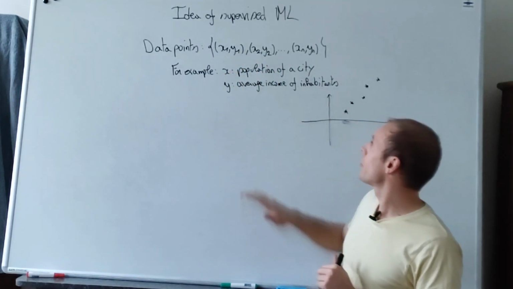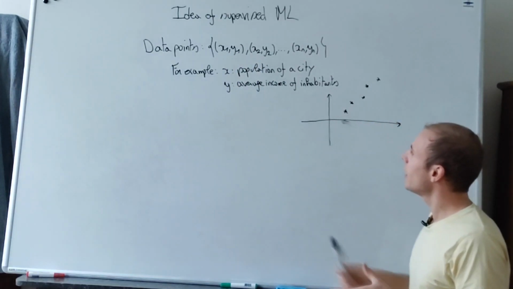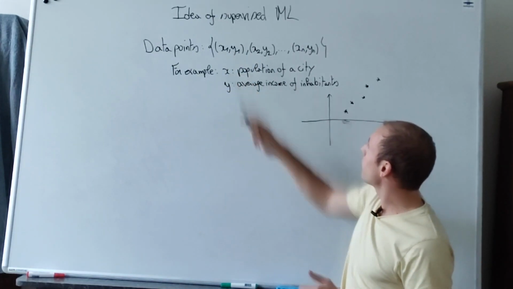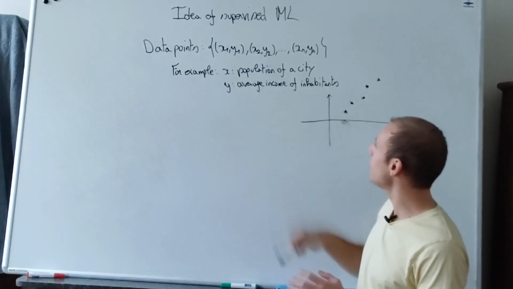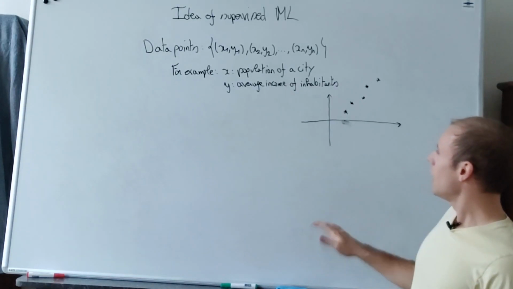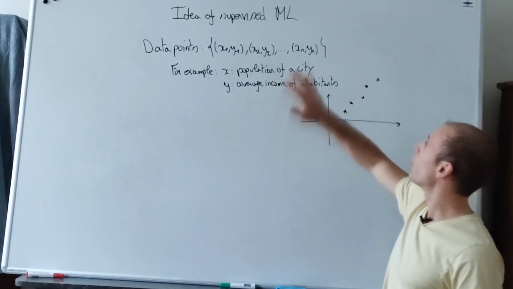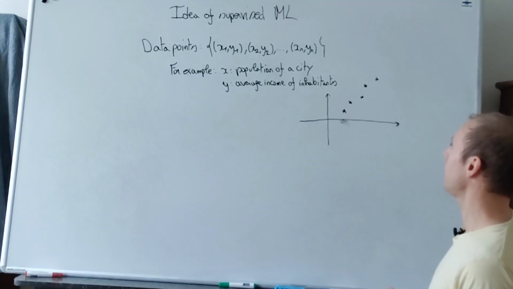Of tuples, x's and y's. For example, the x is the population of a city, the number of inhabitants, and the y is the average income of the inhabitants of a certain city. And let's say you collected for n of those. Maybe think n is 100, for 100 cities you have this.